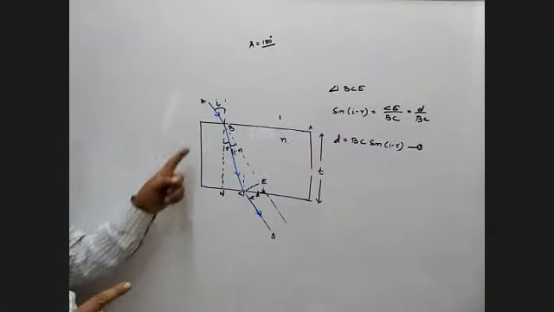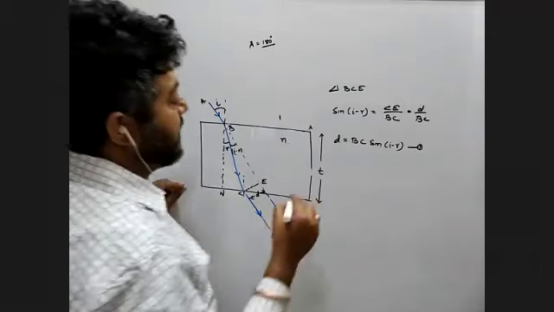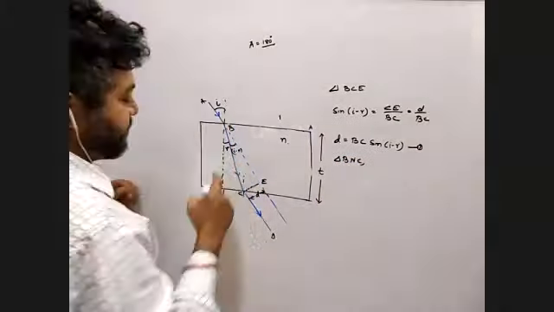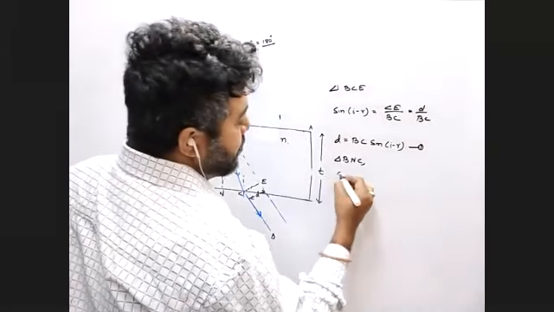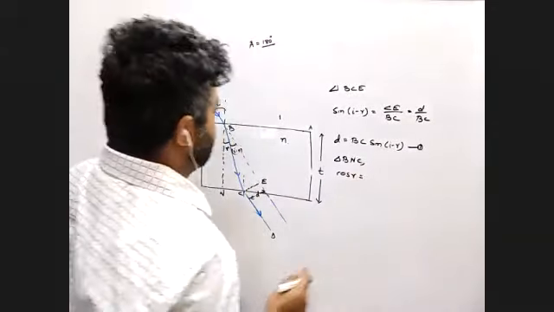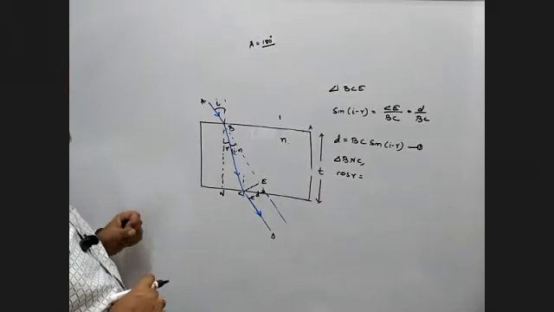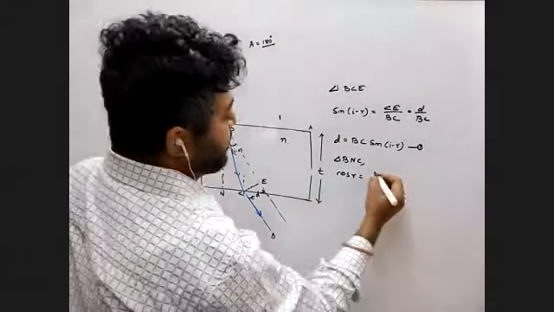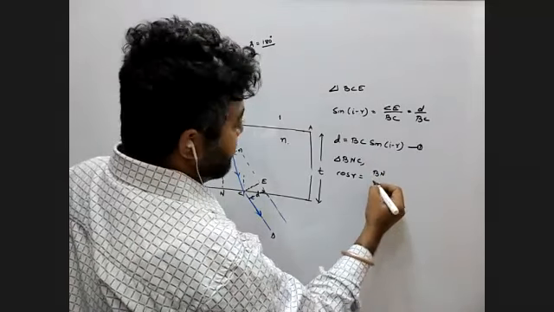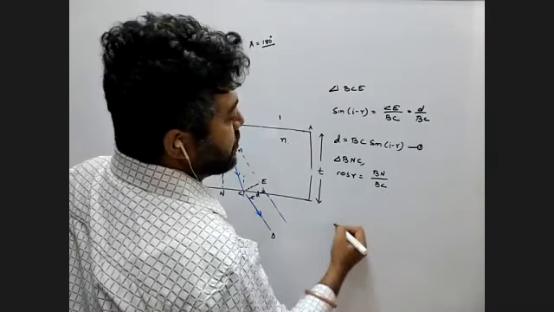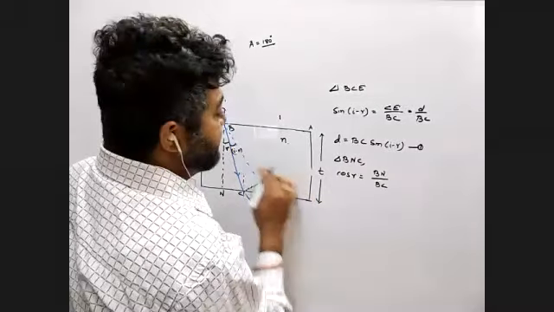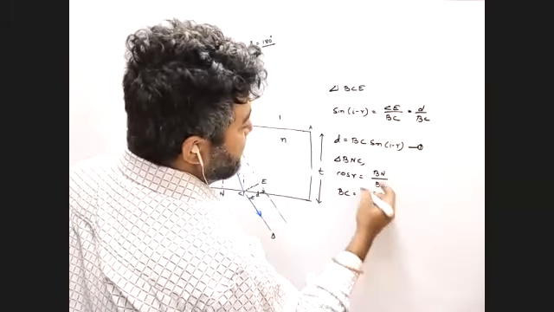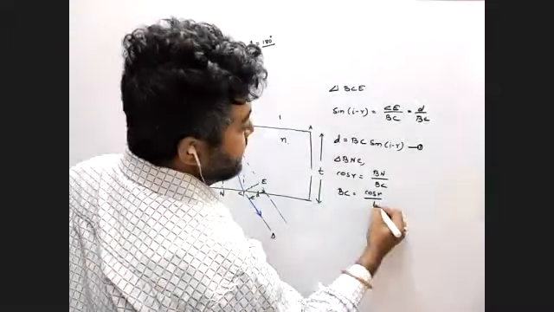Now in triangle BNC, cos R is base upon hypotenuse, BN by BC. So we need BC. BC is BN by cos R, which is T by cos R. Sorry, I wrote it the wrong way.